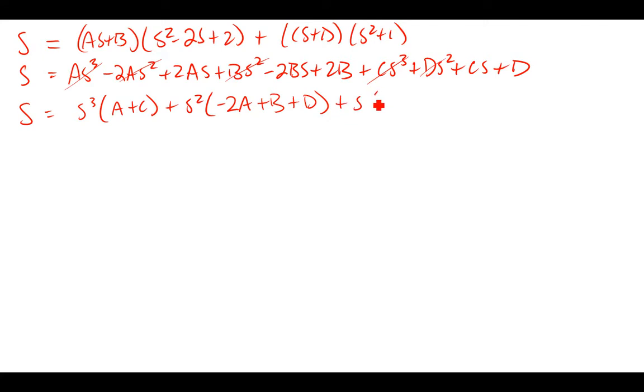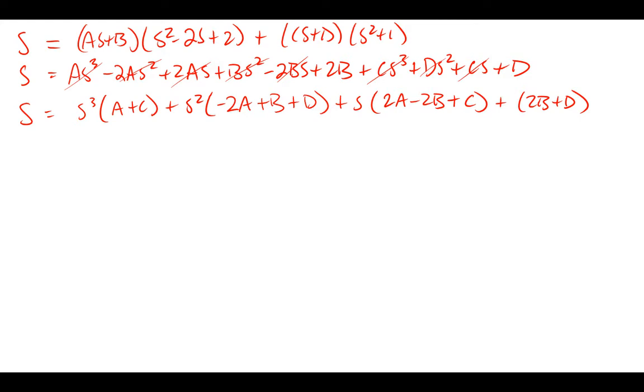And then the s's, I have 2a minus 2b plus c. And then the number pieces, I have 2b plus d. Okay, I'm just double checking with my side work here to make sure this agrees. Yes, okay, so I think we're good.